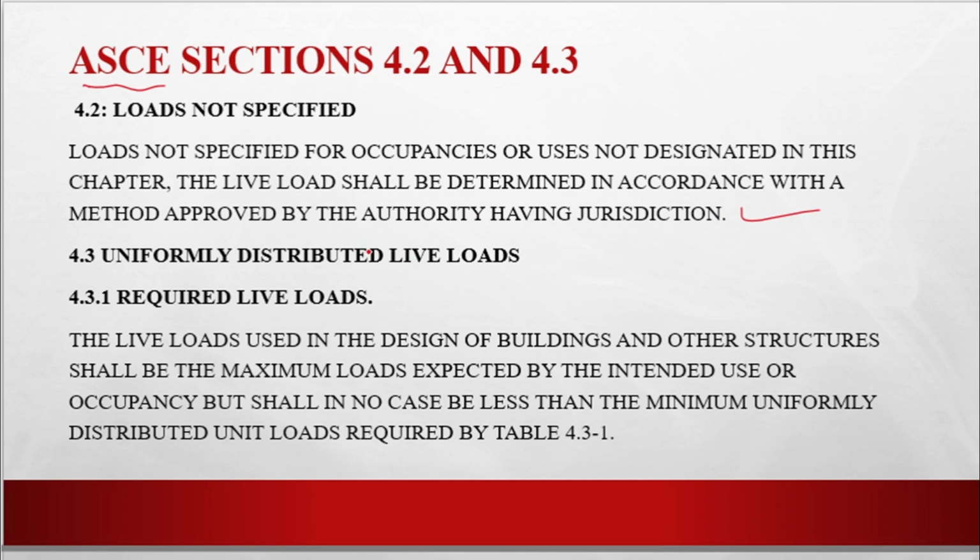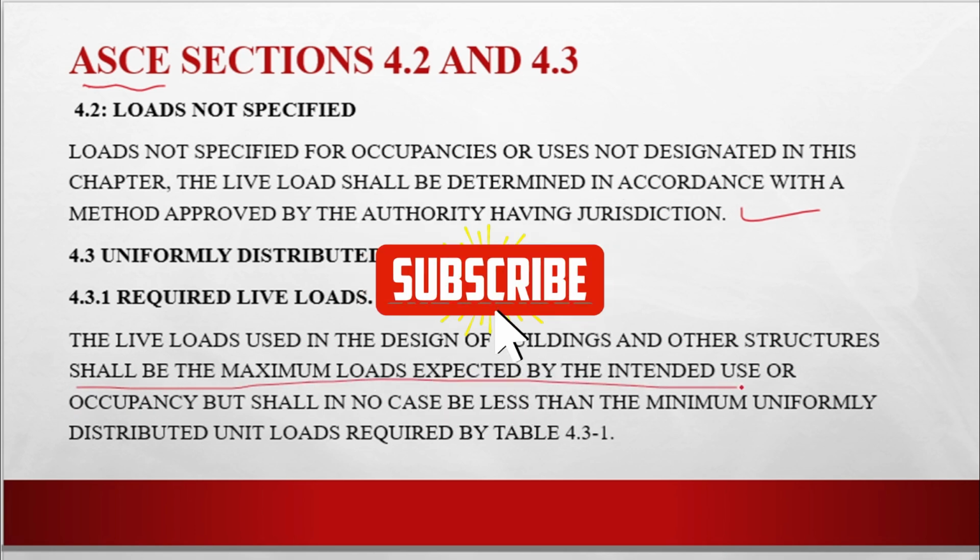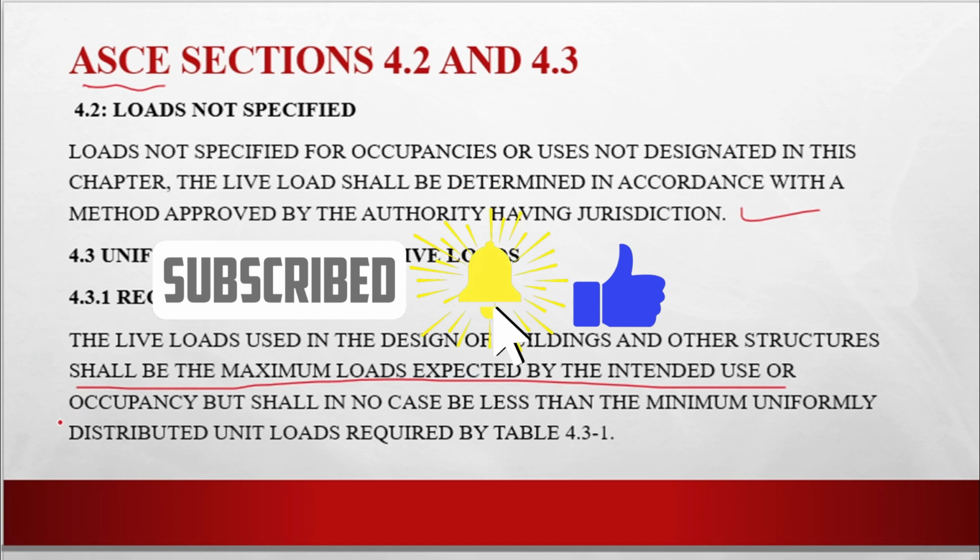So if the intended use is not mentioned in the ASCE document, then you will go for the local authorities or whatever they have prescribed. Normally we put the live load on the slab in the form of a uniformly distributed live load. Further, the code says that the live loads used in the design of buildings and other structures shall be the maximum load expected by the intended use or the occupancy.